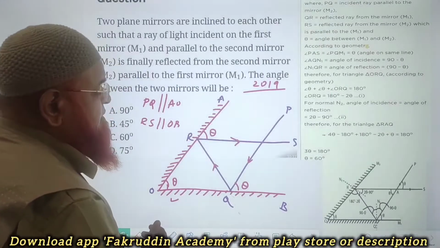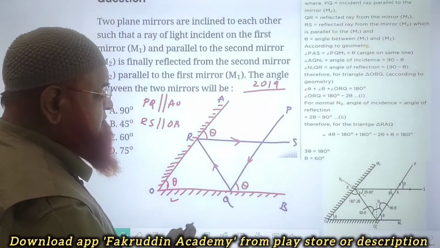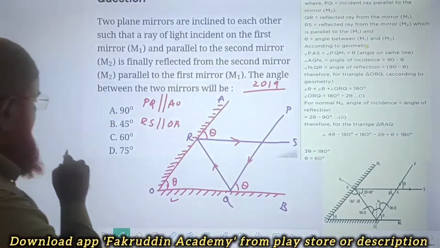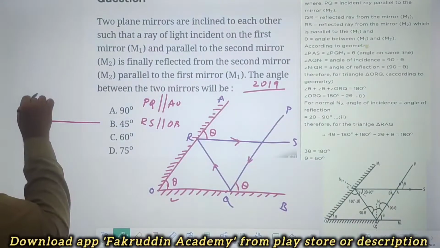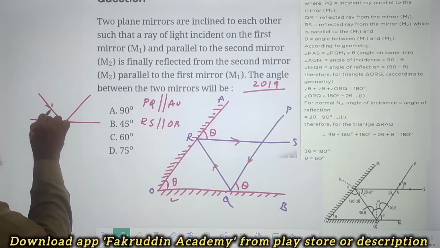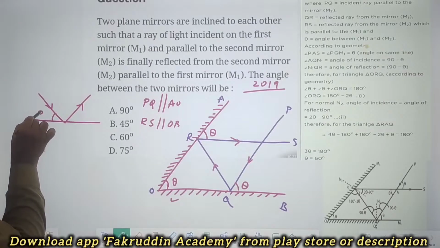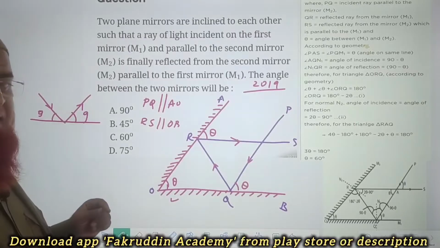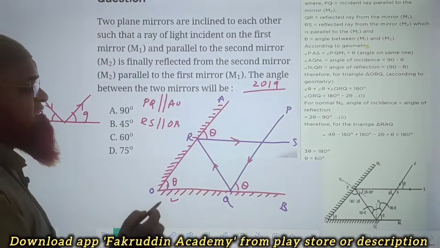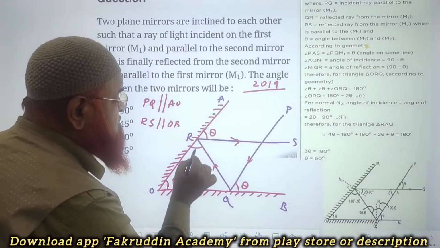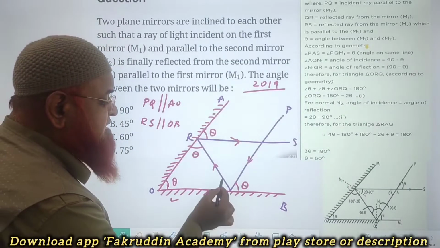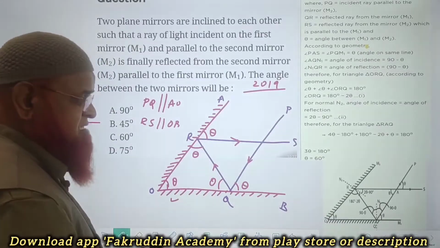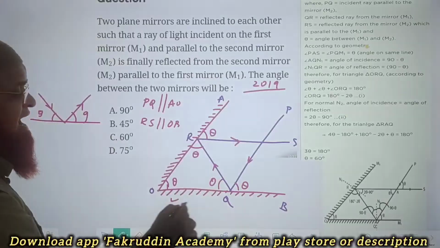And here one more thing: this is the angle of incidence and this is the angle of reflection. Whenever a light ray falls on a line and reflects back, these two angles are called glancing angles and they are going to be the same. With this it is understood that if this is theta, this is also going to be theta. All the three angles are the same. That means you can consider the angle sum property.